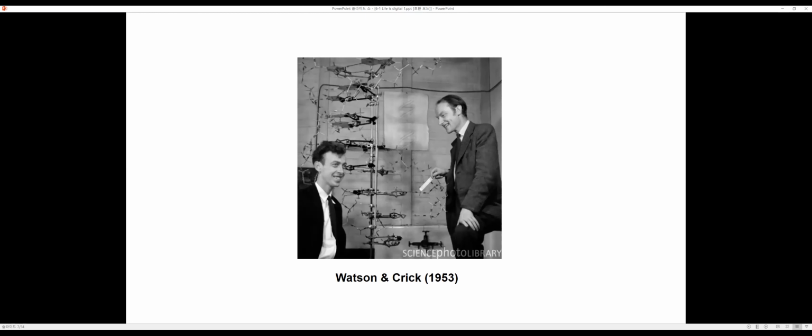Then these two guys, the famous Watson and Crick, suggested the structure of DNA. They didn't say clearly whether DNA is the genetic information in the first paper, but in this paper, the first sentence was that DNA is a very interesting molecule.